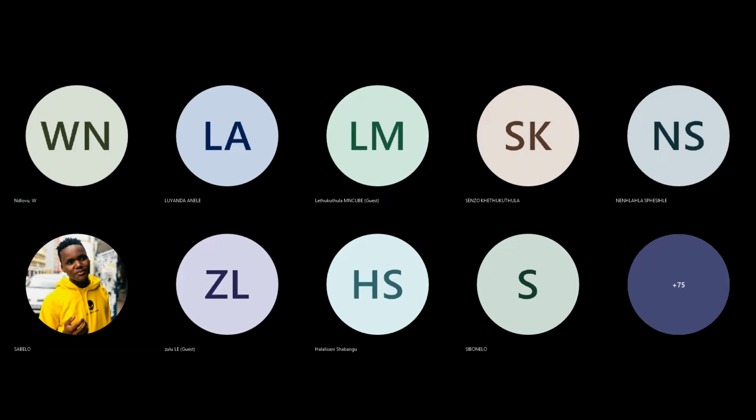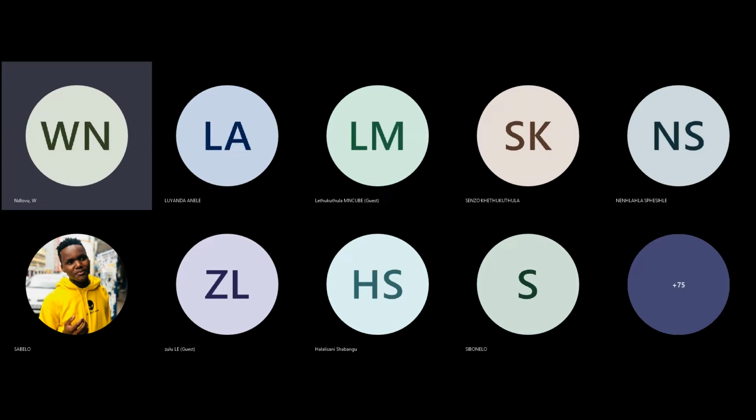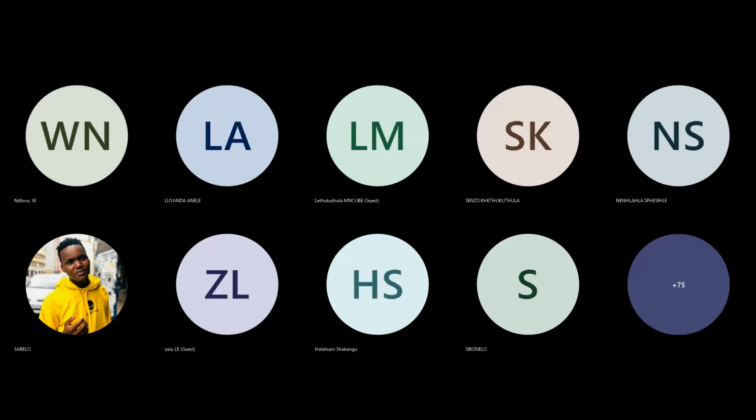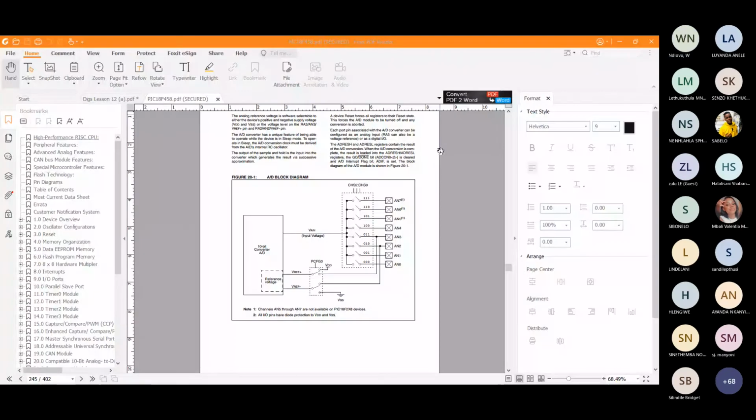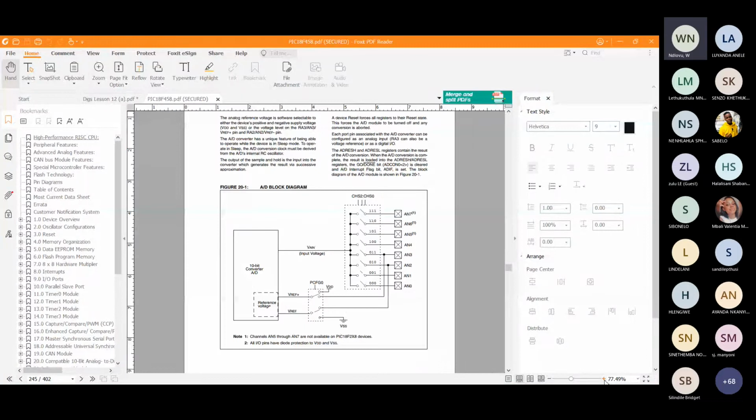Let me share the data sheet now. Let me try and enlarge that a little bit. Let me see if I can move this up. Okay, I'll move it to 100%. Okay, that is a bit better. We can be able to see that. But guys, you were given the data sheet.